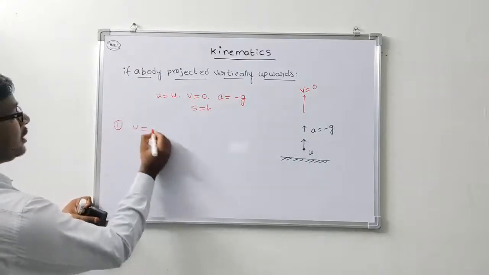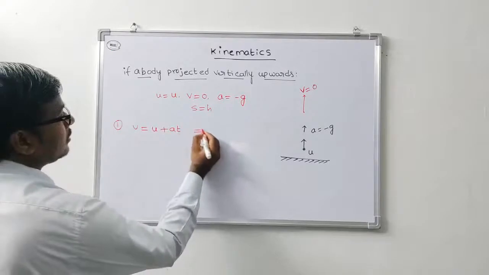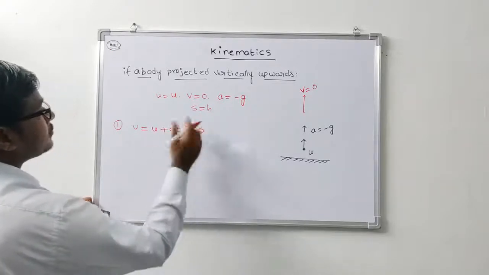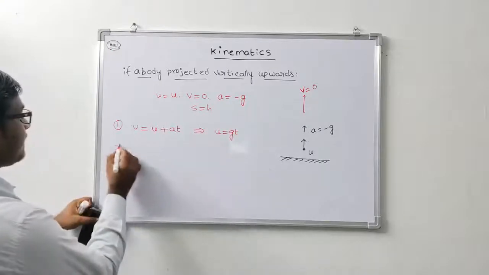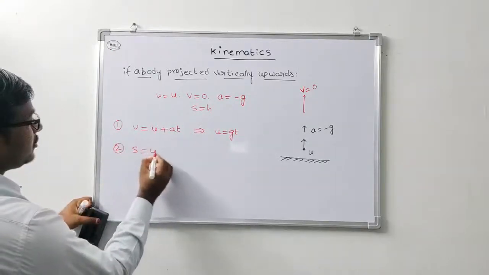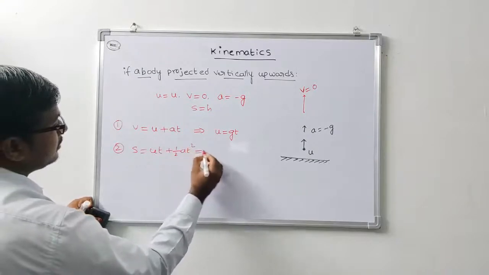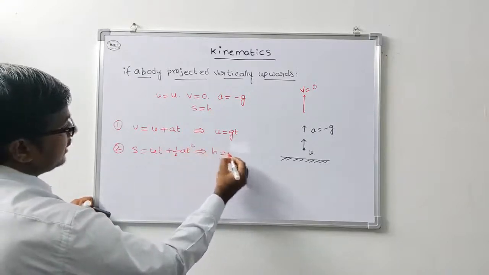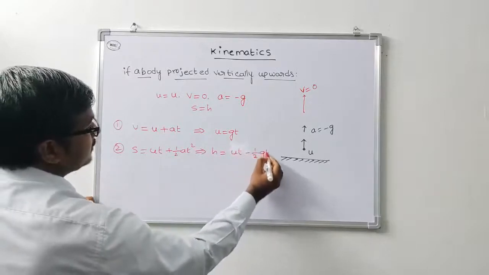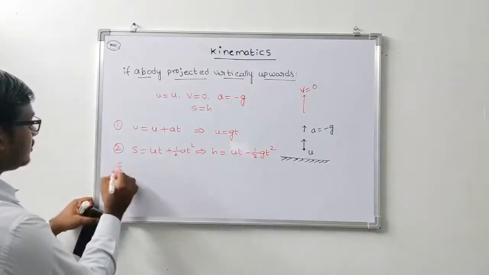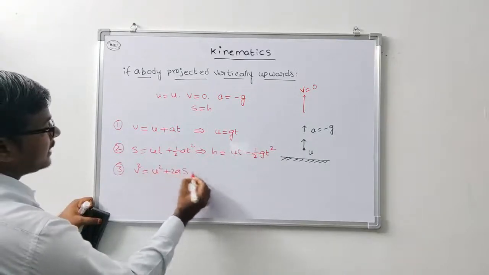And v is equal to u plus at, that is u is equal to gt. s is equal to ut plus half at square, that is h is equal to ut minus half gt square.